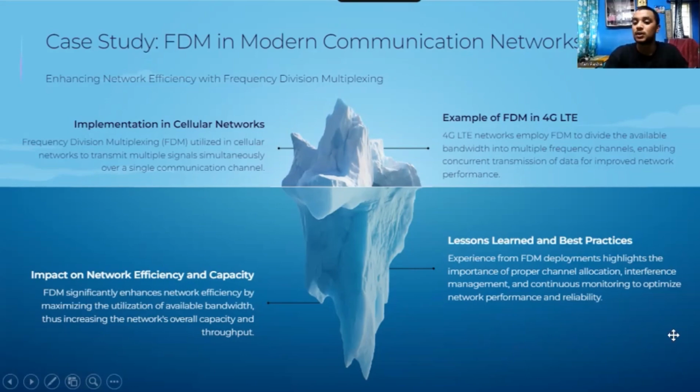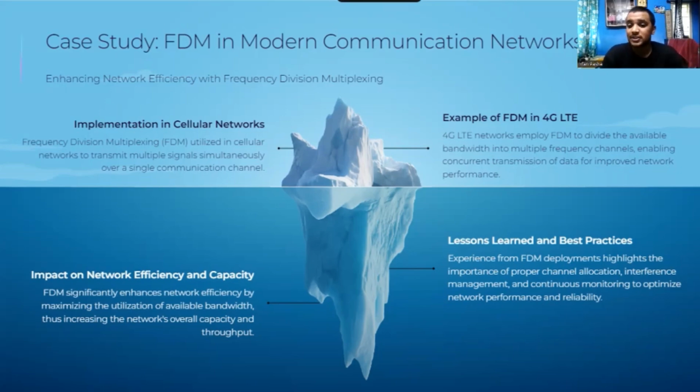Impact on network efficiency and capacity. FDM significantly enhances network efficiency by maximizing the utilization of available bandwidth. FDM utilizes the available bandwidth to its maximum capacity to enhance network efficiency, is what this point has to tell us.